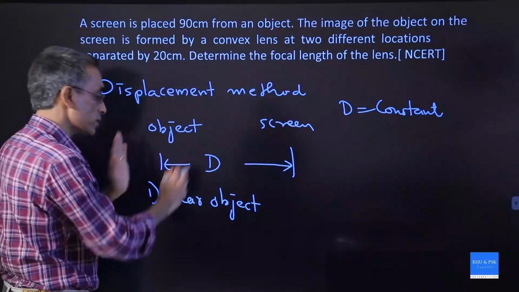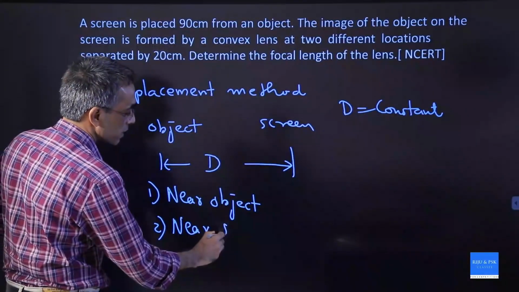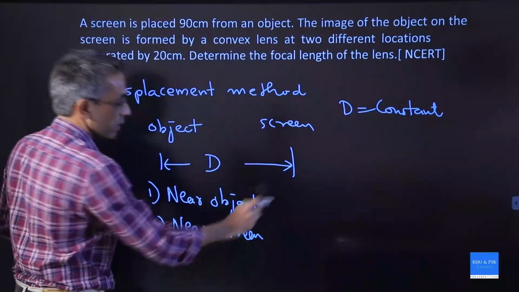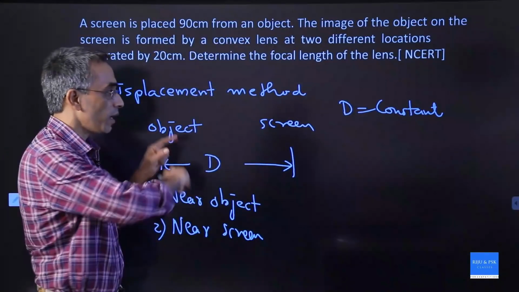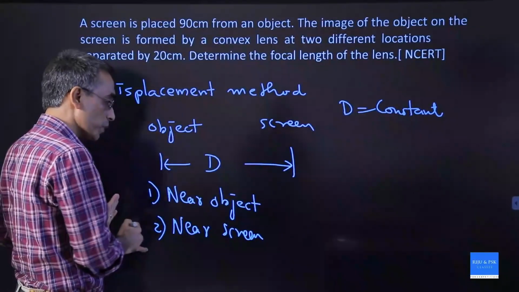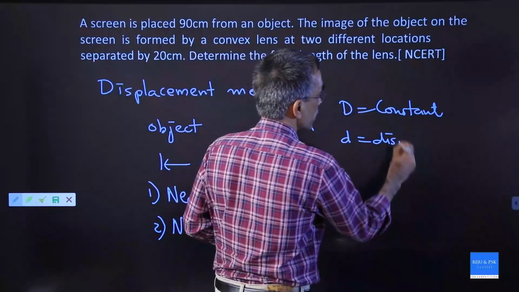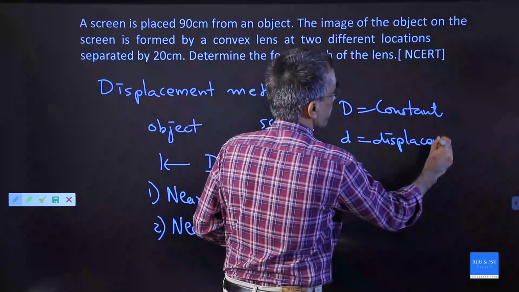Then we will move the lens to the second position, and that is near the screen. Using the data available, the lens moves from one position to the other position, and that is the displacement of the lens.